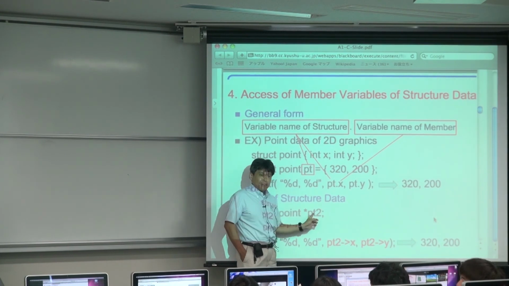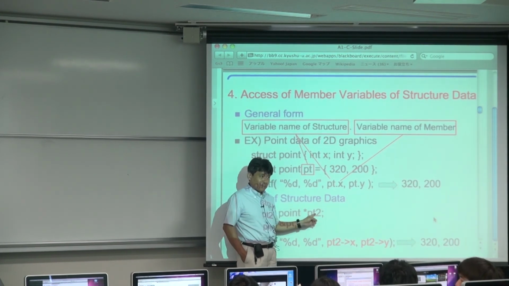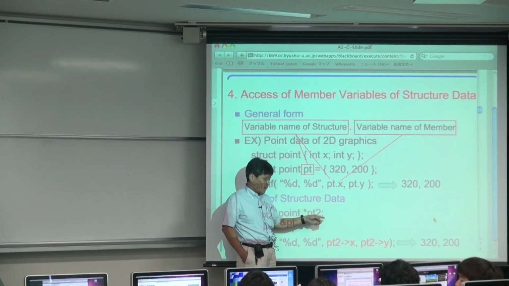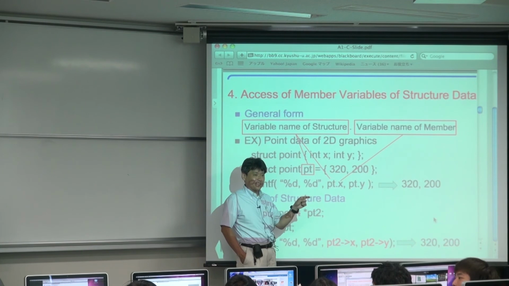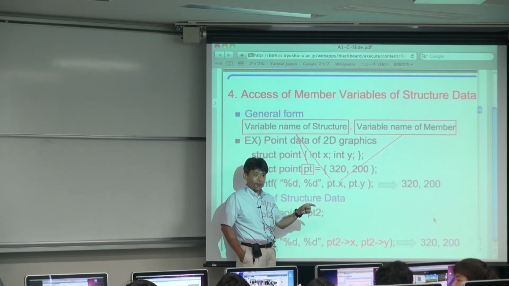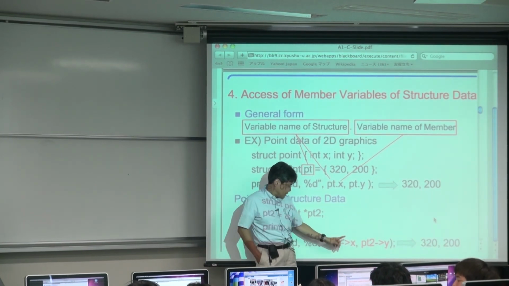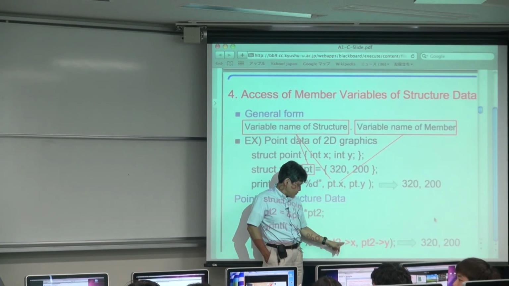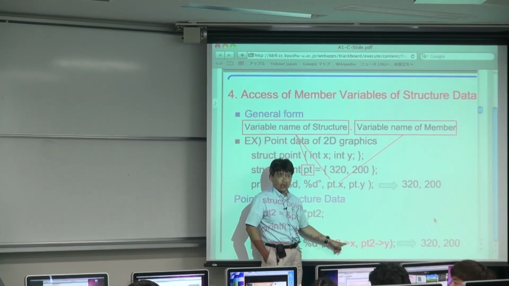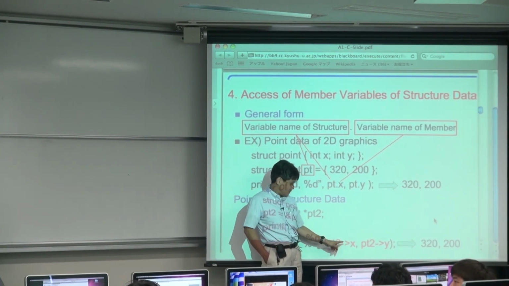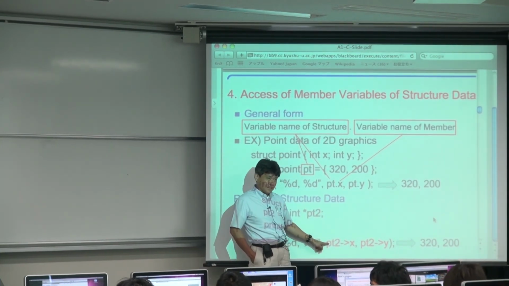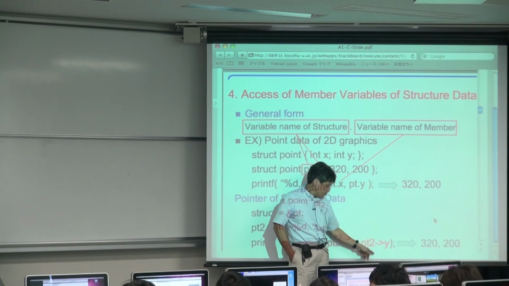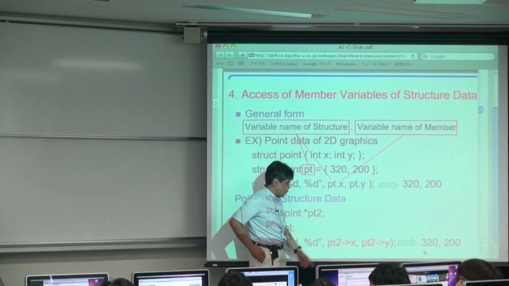For pointer type data, especially when such data is a structure type, you can also access the member variables using the hyphen and greater-than symbol, like this. Okay? And also you can access the y member variable using this form.